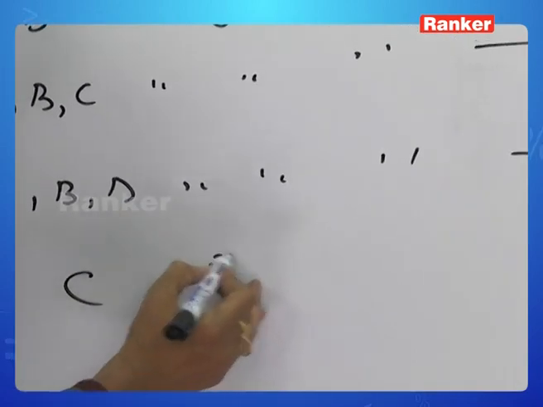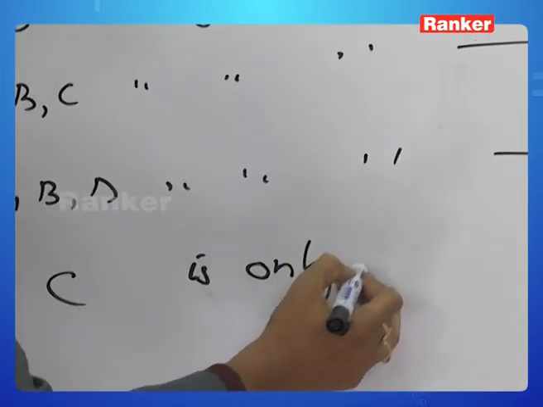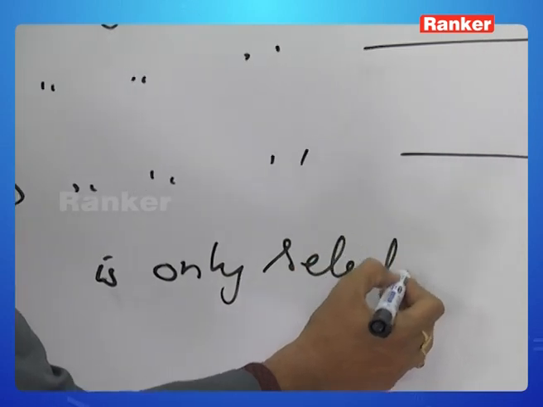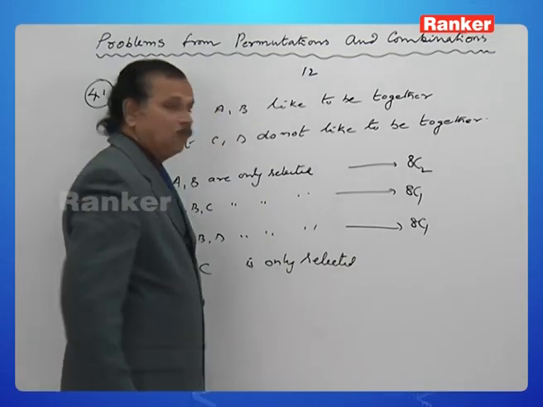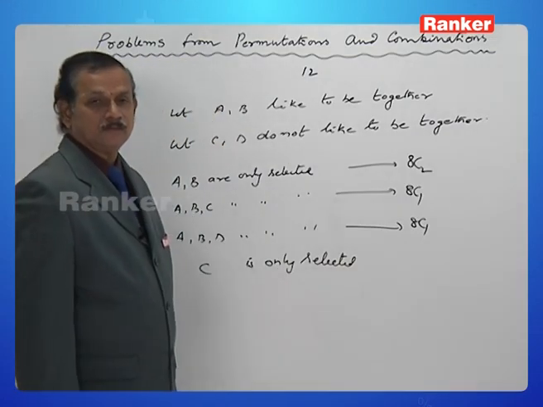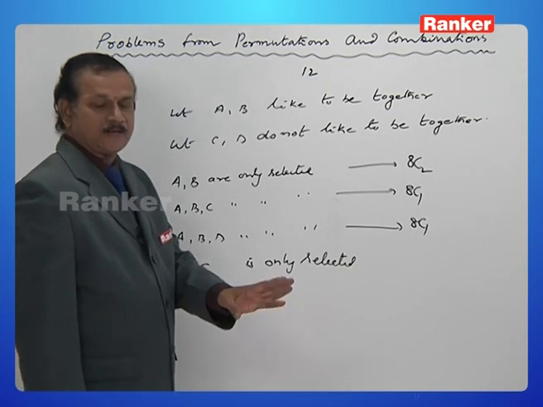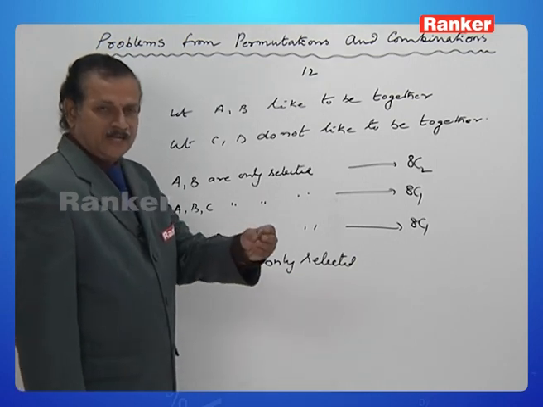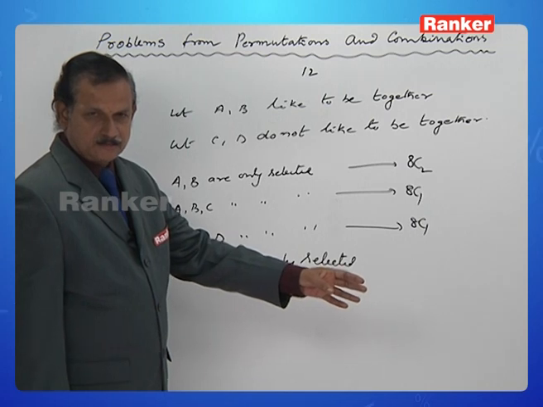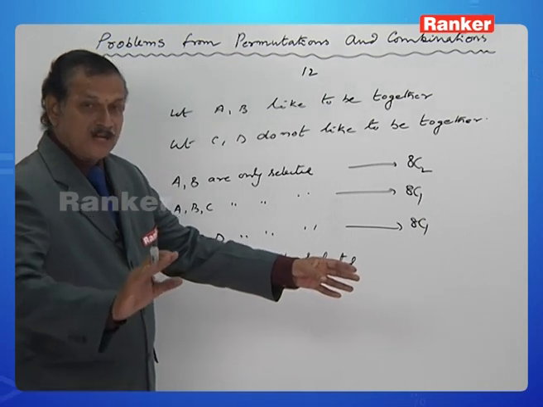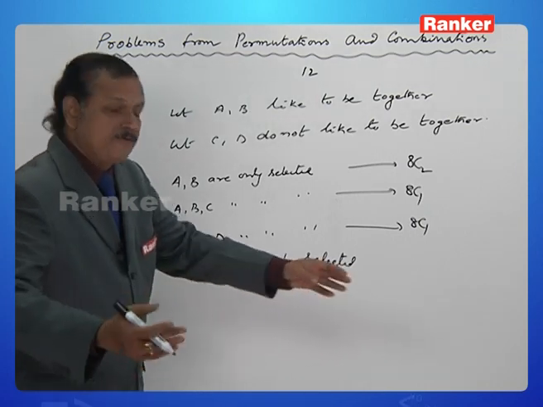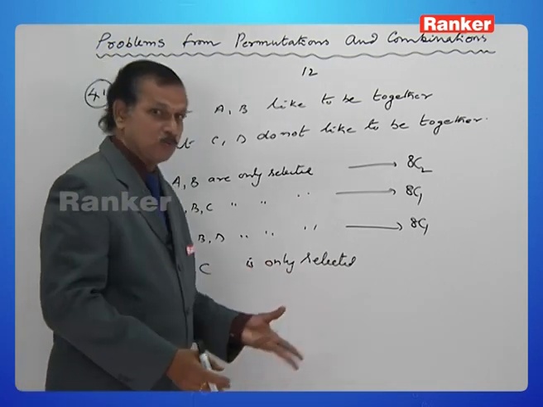C is only selected. What does it mean? C is only selected means A and B are not selected. And we are not supposed to select D because C and D do not like to work together.